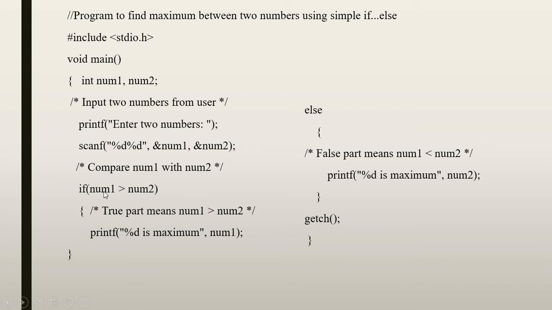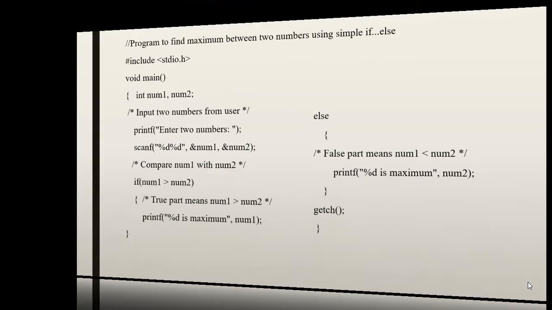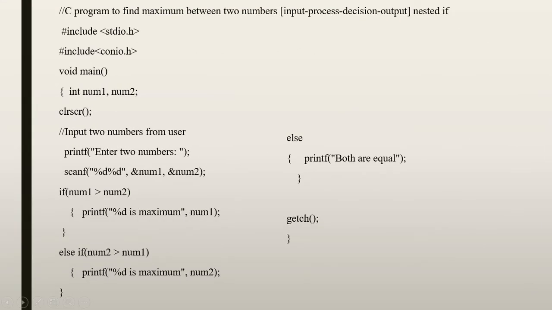If number 1 is greater than number 2, it will print this true part, that is number 1 is greater. Otherwise, it will go for the else part, that is the false statement, that number 2 is holding the maximum value, or maybe it is smaller than x.